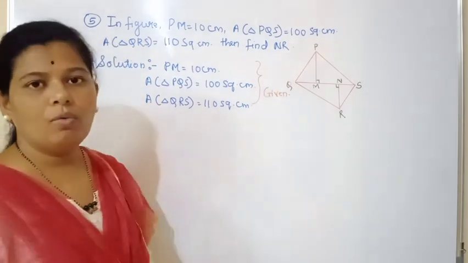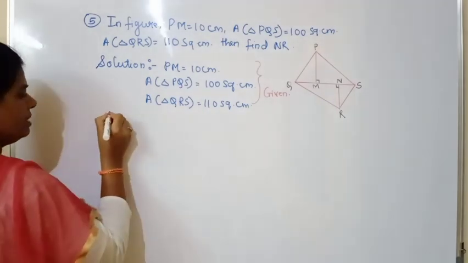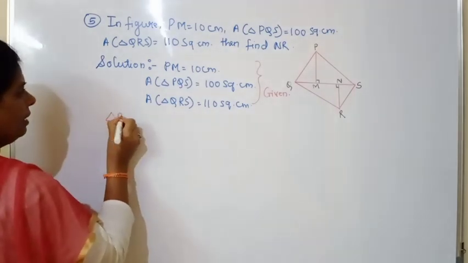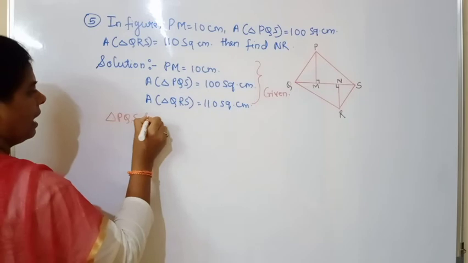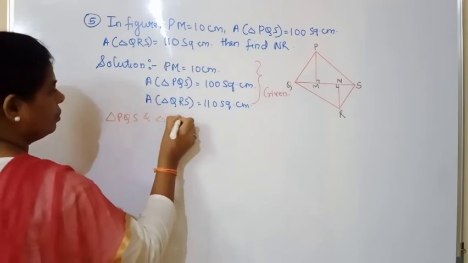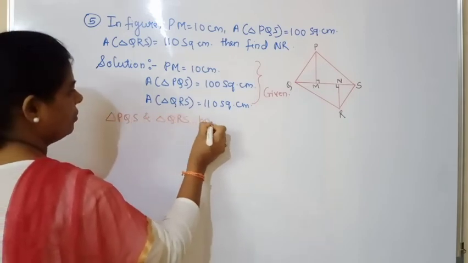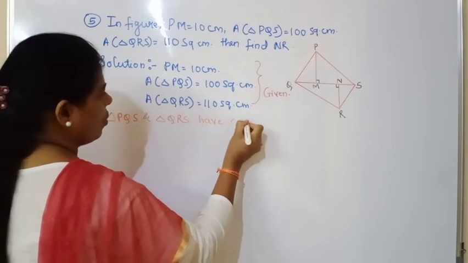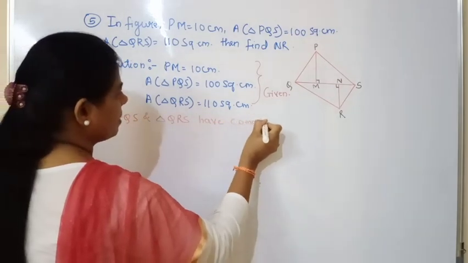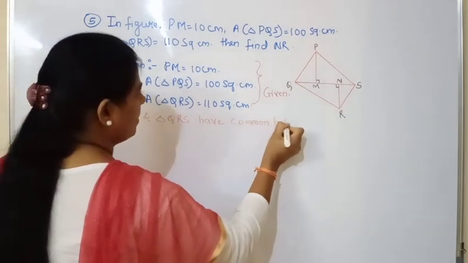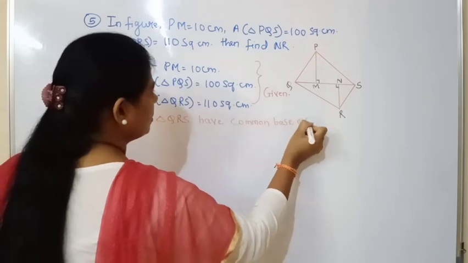Now what we see here: triangle PQS and triangle QRS have common base QS.